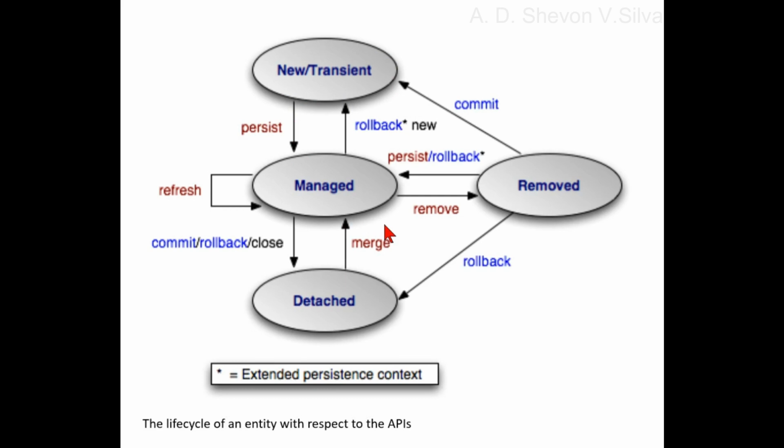The semantics of the persist operation applied to an entity X are as follows. If X is a new entity, it becomes managed. The entity X will be entered into the database at or before transaction commit or as a result of a flush operation.